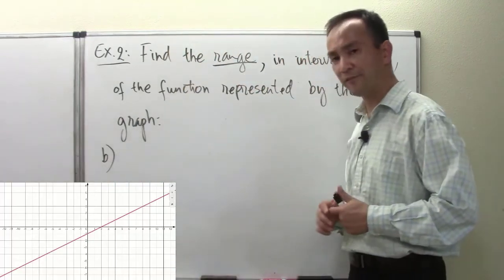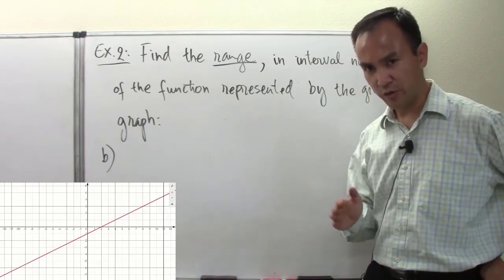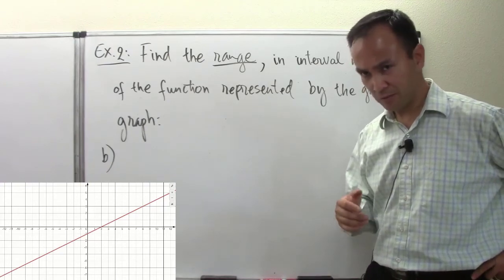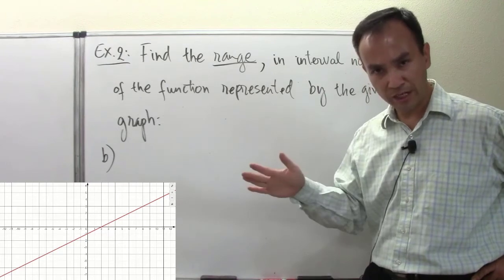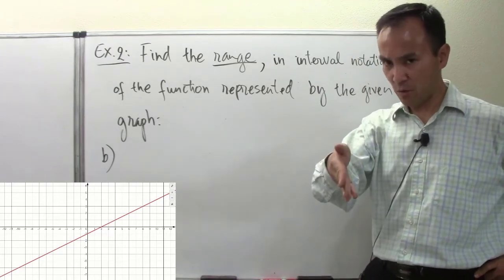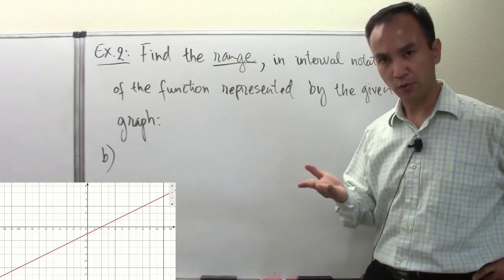This is the graph that represents some function, and we use this graph as our example problem B. Whatever function that is, there is a rule, but knowing it or not is not important. What matters is that once the graph is given to us, what's the range of this function?